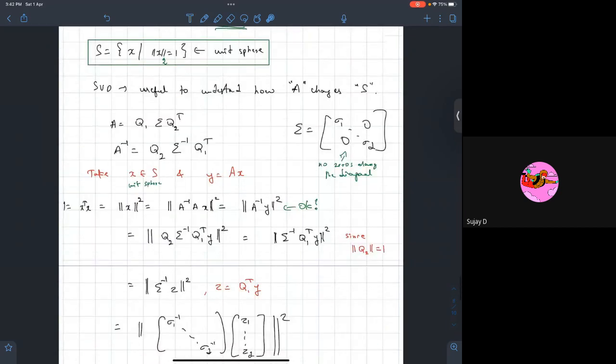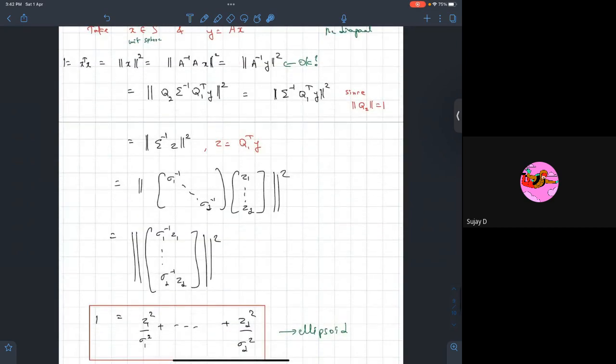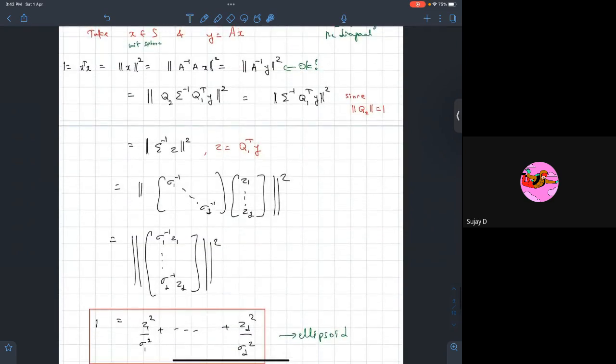Anyway, if you come to SVD, just look at this derivation. If I take something from the unit sphere, you can use the same logic there also. It's still getting me to an ellipse. But here I didn't use the fact that A is real symmetric. There I'm using it.